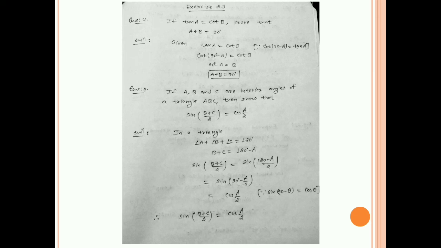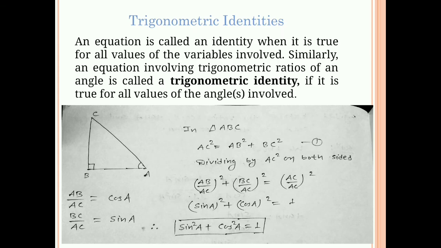Now we will see the last exercise of this chapter, that is 8.4. In this exercise there are some formulas that we have to see. So let's start. In this we have to see trigonometric identities. As we all know, an equation is called an identity when it is true for all values of the variables involved.